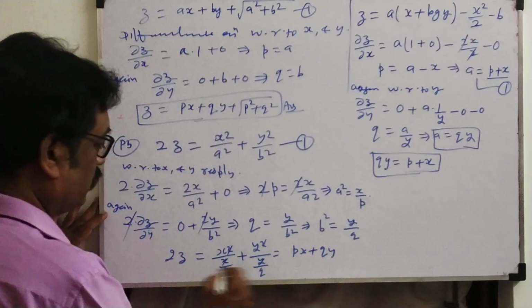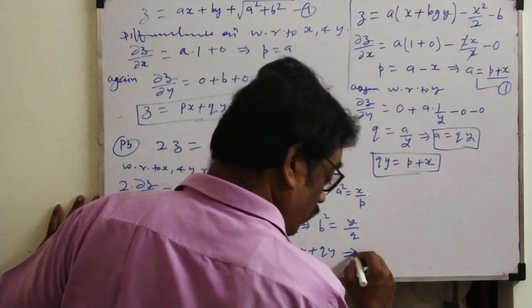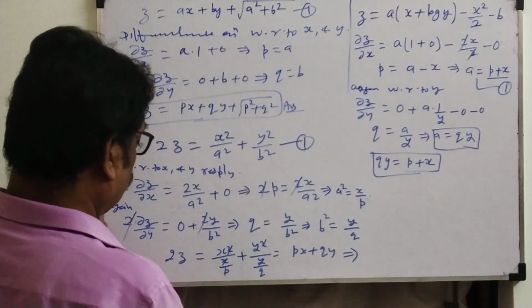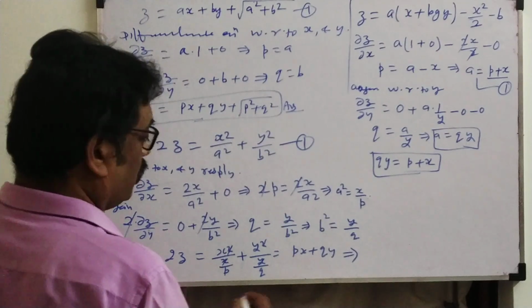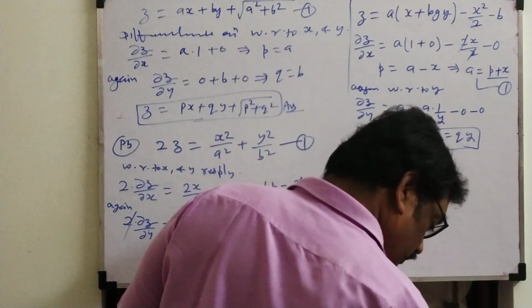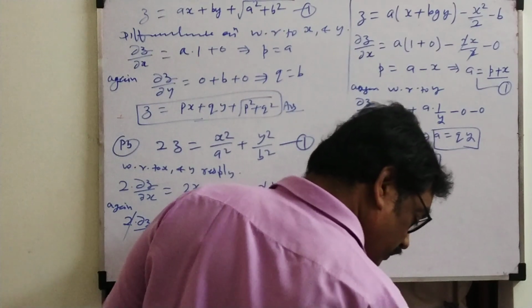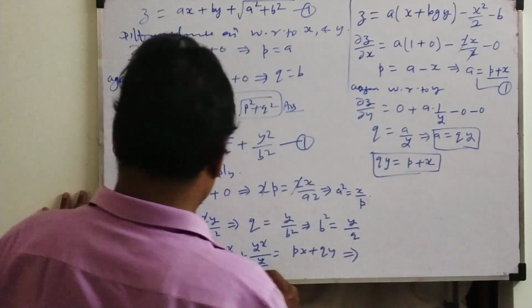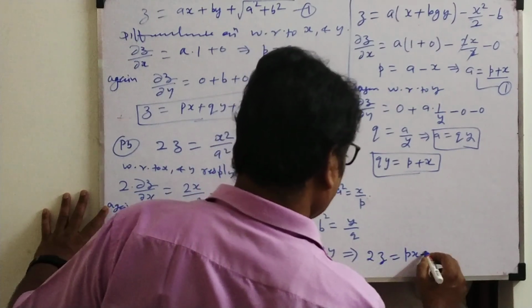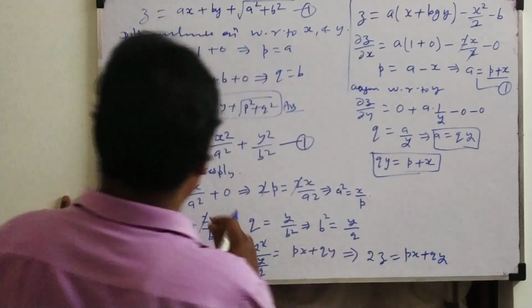So what we got? 2z is equal to, finally, 2 also will get cancelled. 2z is equal to px plus qy.